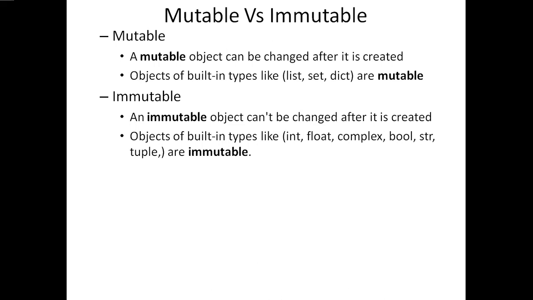The objects of built-in types like int, float, complex, bool, string, and tuple are immutable. So once they are created, the values cannot be changed. We will see an example of these in the upcoming session.